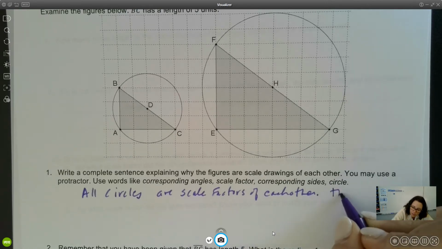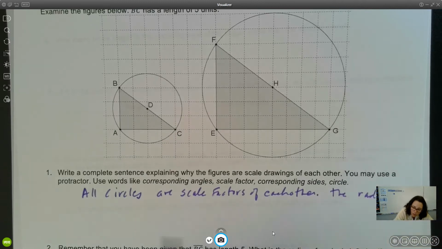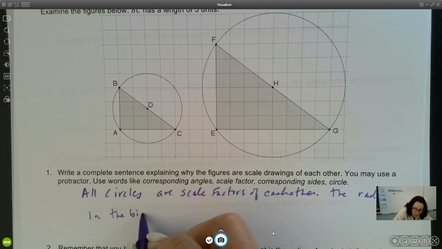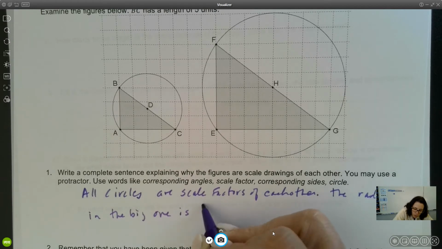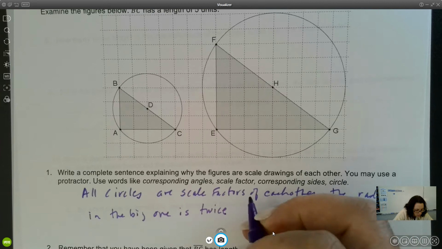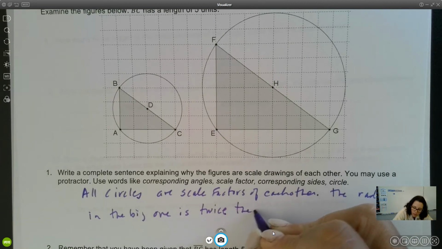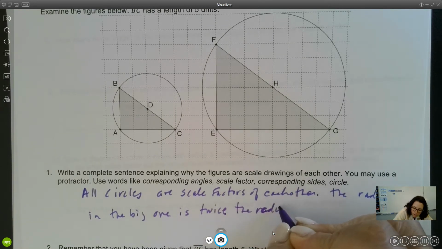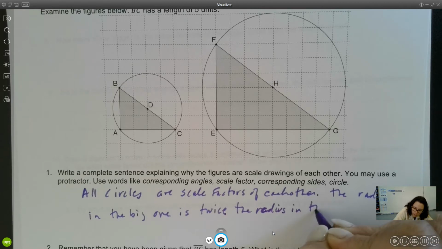The radius in the big one is twice the radius in the small one.